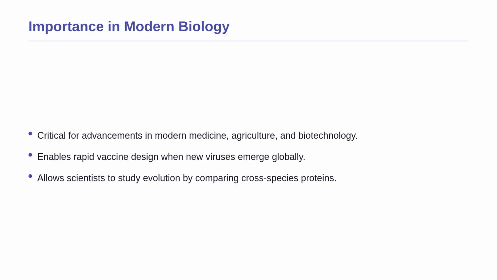If they find a match or a close relative, they can quickly understand how the virus infects human cells and begin designing vaccines or drugs to block it. Without these databases, every single biological discovery would have to start from absolute scratch, costing billions of dollars and decades of time. They also allow us to study evolution by comparing human proteins to those of other animals.